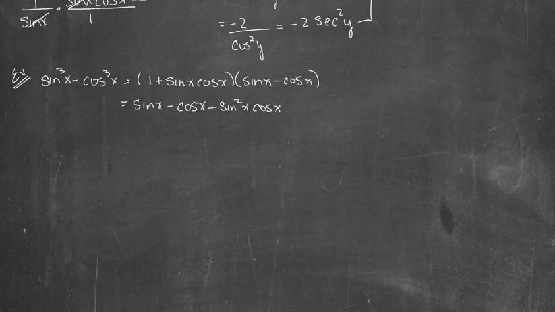And then the last distribution, a positive and a negative, is a negative. Sine x and 2 coses would give me sine x cos squared x. Nope, I don't need any of these parentheses.